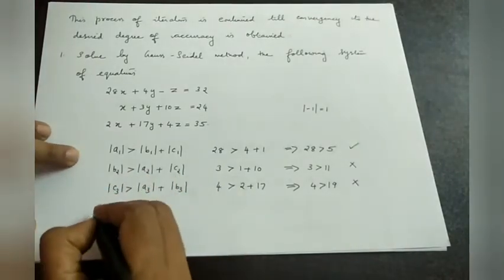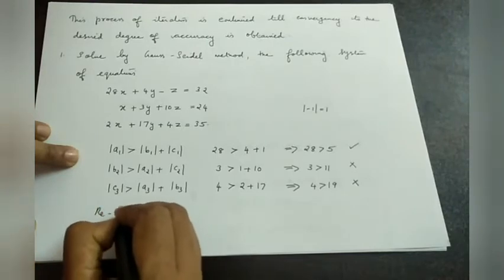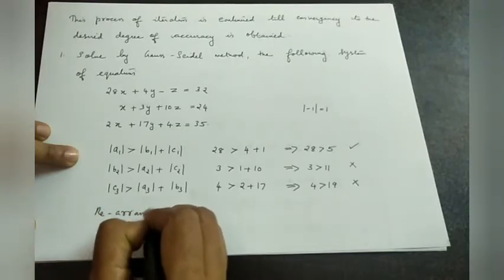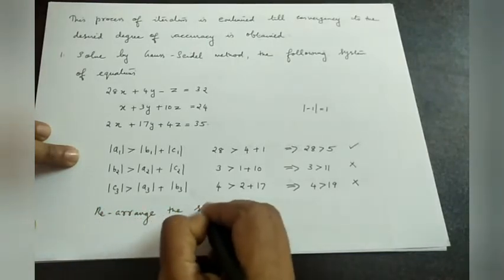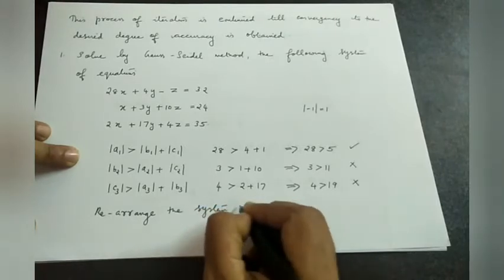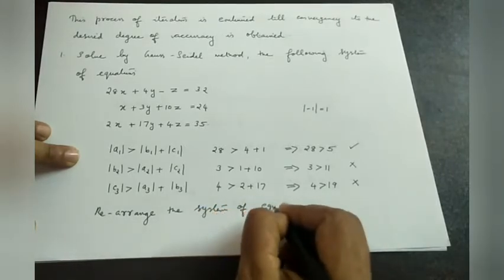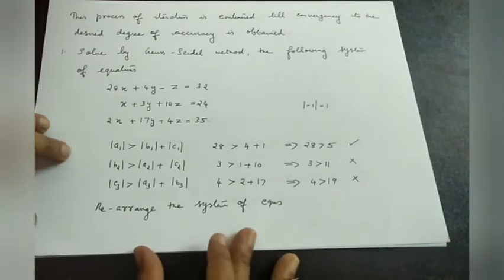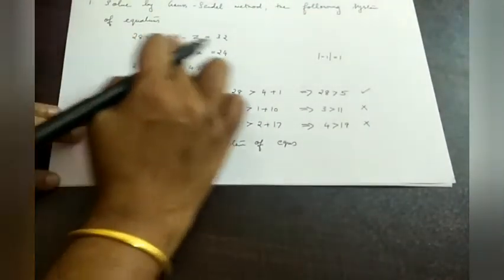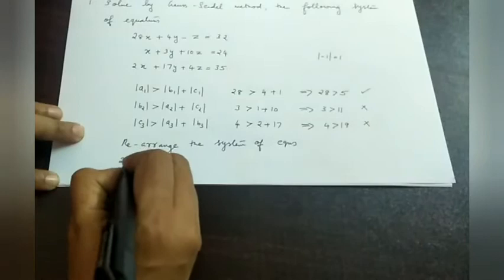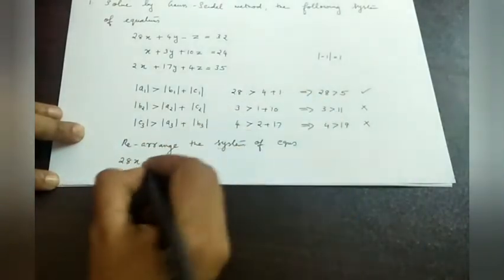Now, rearrange the system of equations. Here, checking the first one, that is correct, that is mod a1.